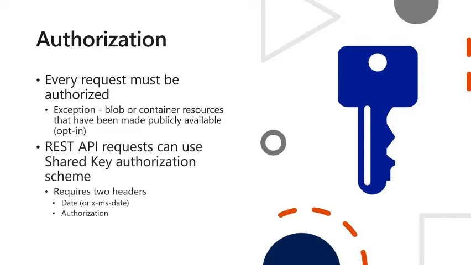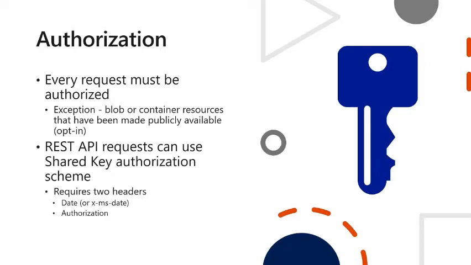Authorization. Every request made against a storage service must be authorized unless the request is for a blob or container resource that has been made available for public or signed access. One option for authorizing a request is by using a shared key. Use the shared key authorization scheme to make requests against the table service by using the REST API.